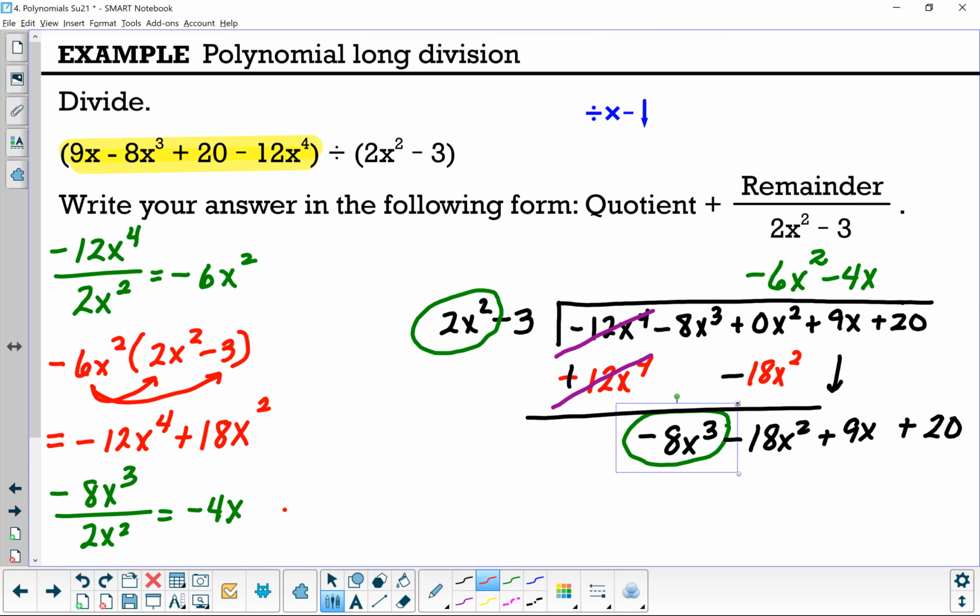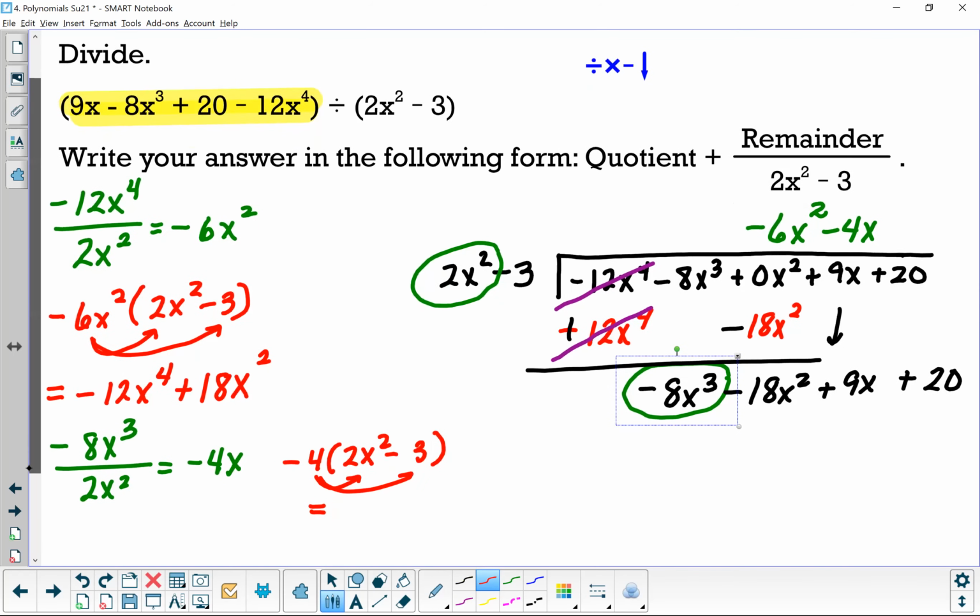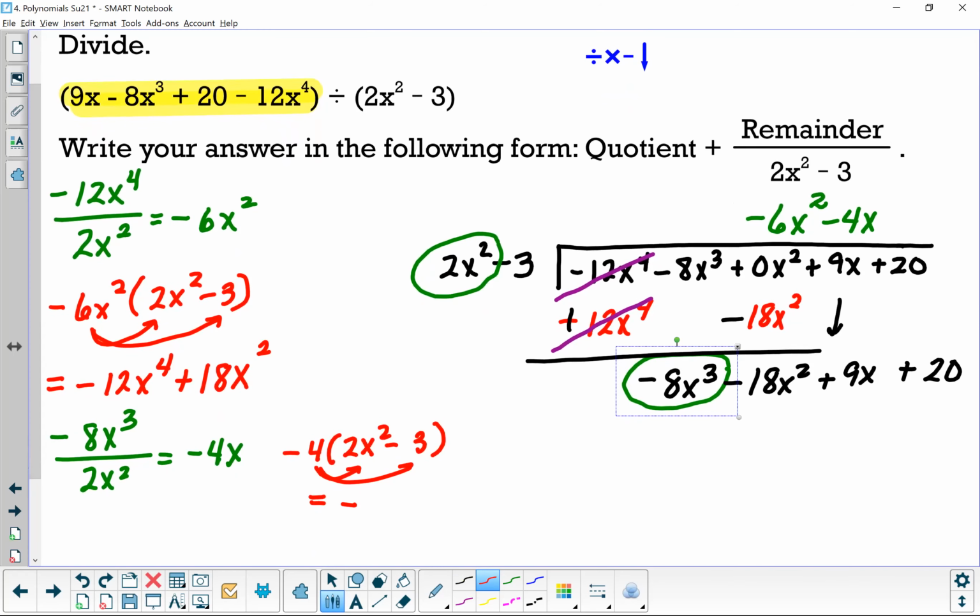Multiply negative 4 by the divisor, 2x squared minus 3. All right, so that's going to give us negative 8x squared plus 12. I'm sorry.